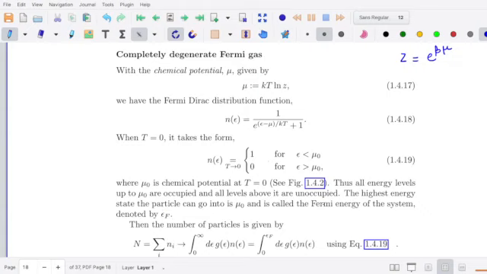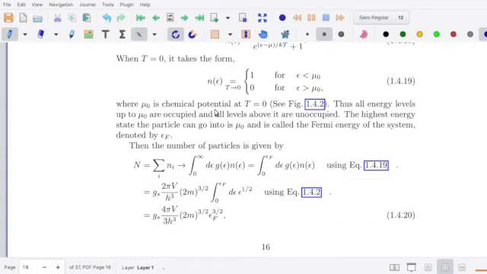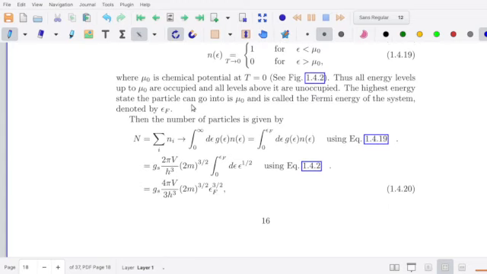So we can see that n(epsilon) is equal to 1 up to energy epsilon_F and is 0 beyond. Now we can compute the number of particles by summing over the number of particles in each state, which is given by the sum over i of n_i, where i labels the states and n_i is the number of particles in state i.